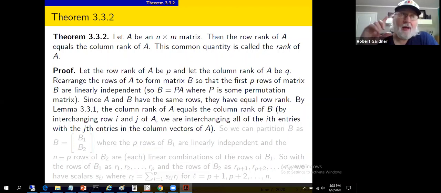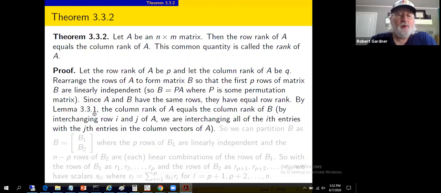For example, if I swap the first two rows in matrix A, every one of the columns has its first and second components interchanged. So by permuting the rows of A to create matrix B, we've permuted the components of the column vectors of matrix A. And that's what we were just talking about, permuting components of a collection of vectors.